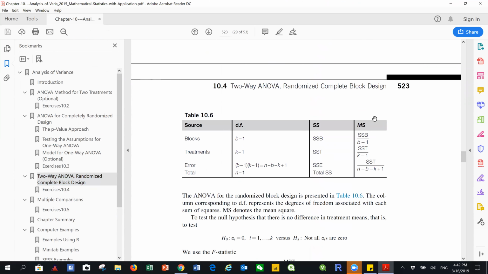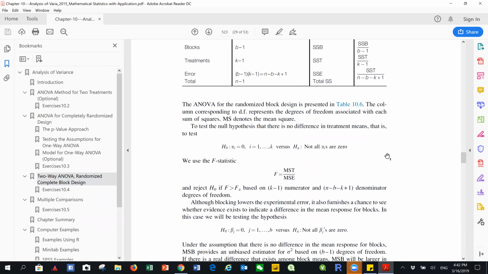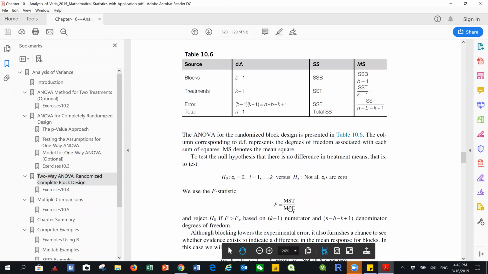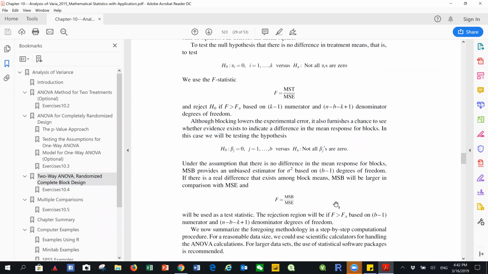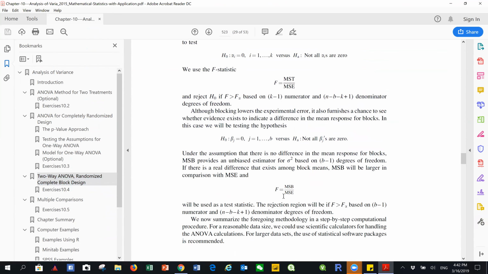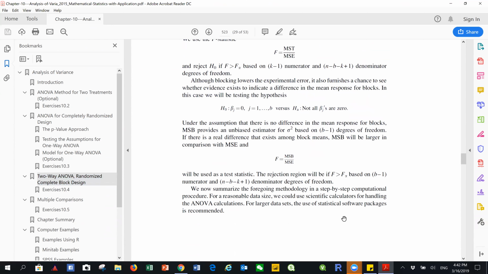And then you calculate MSB over MSE and MST over MSE, and then you compare the MST and MSE, and MSB and MSE.